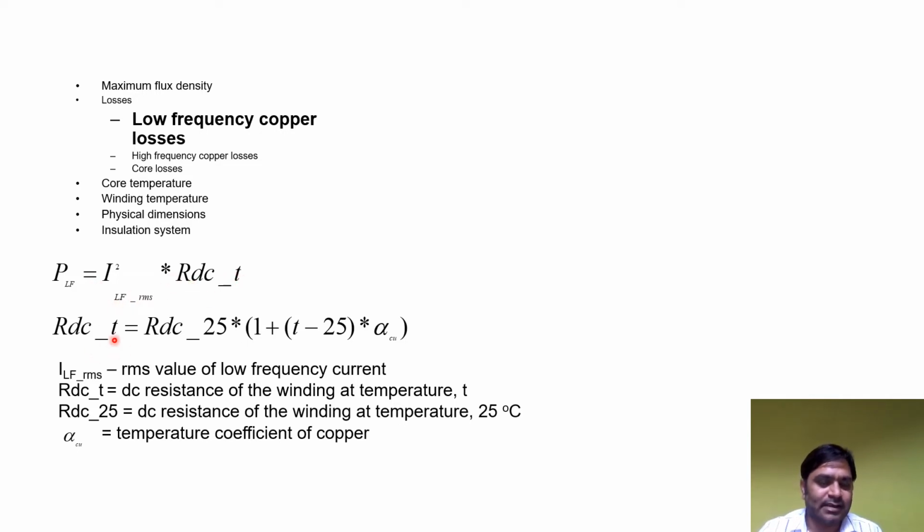RDC at a certain temperature is RDC at 25 degrees times 1 plus (T minus 25 degrees) times alpha, where alpha is the temperature coefficient. So we can calculate the RDC value at the particular temperature, and by using this formula we can calculate the low frequency losses at a certain temperature.